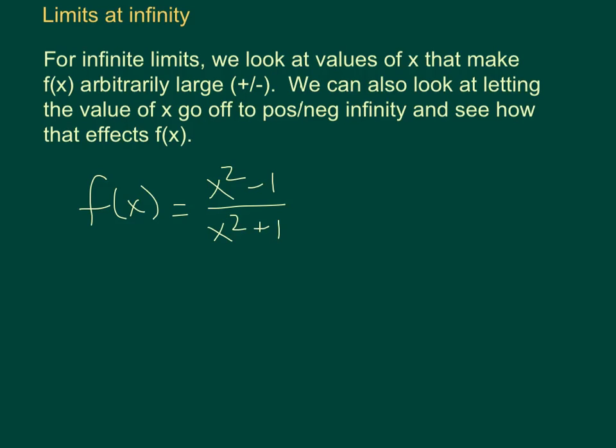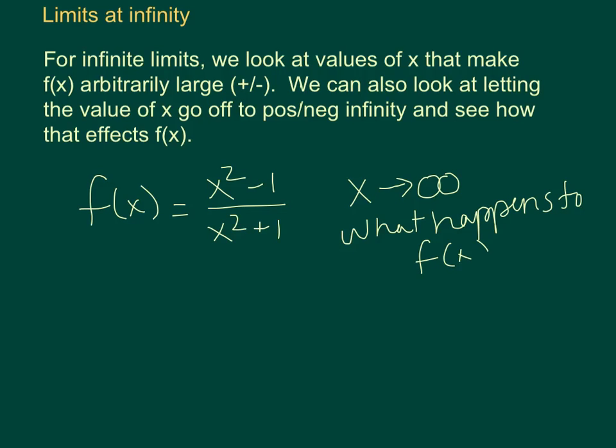And the question that I have is, as x goes off to positive infinity, what happens to f of x? So essentially what I would like to know is, what is the limit as x goes to infinity of f of x?